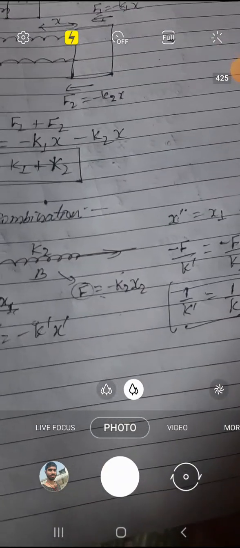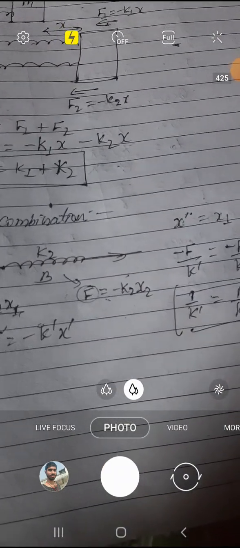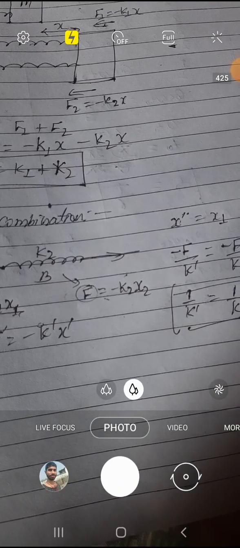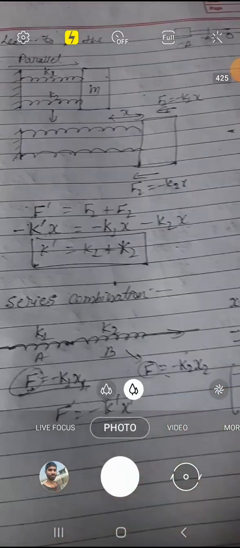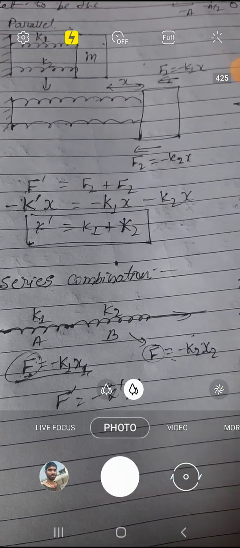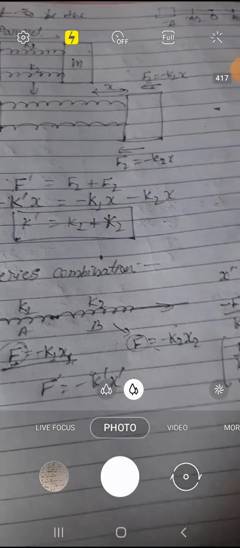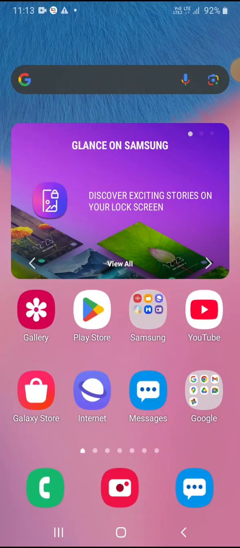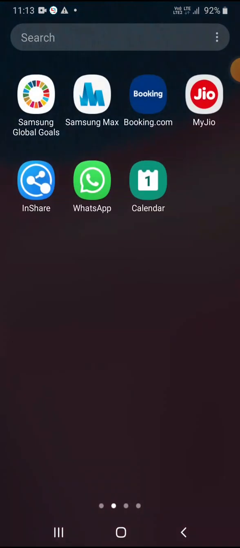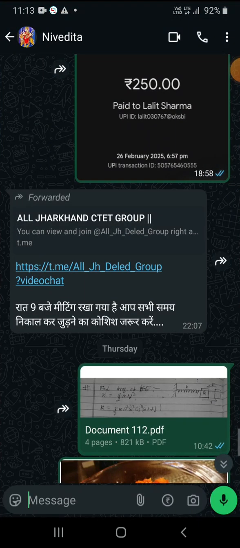This is for series combination. Understood? This is for series and this one is for parallel.